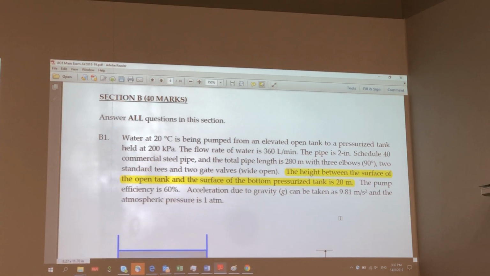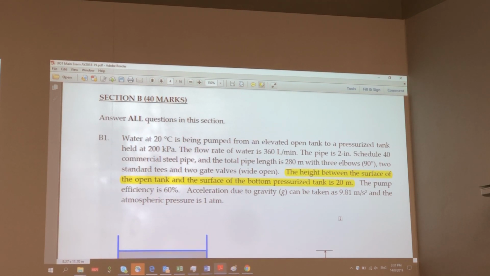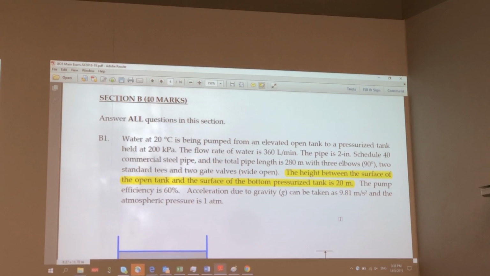See here, this sentence, listen, you need to read very carefully the sentence regarding the height. This sentence will tell you later, for the overall mechanical energy balance, your balance is from where to where. What are the 2 points?